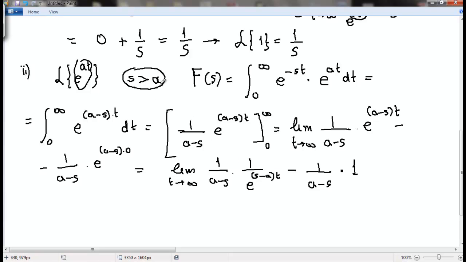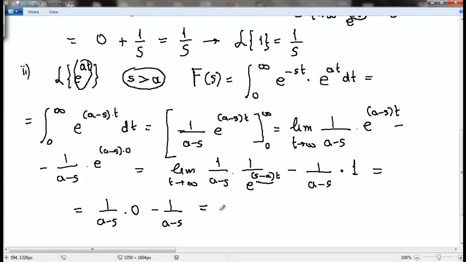So, what do you have here? Since s is greater than a, s minus a is positive. Since t tends to infinity, a positive number times infinity is infinity, so 1 over infinity is 0. So we have 1 over a minus s times 0, minus 1 over a minus s.